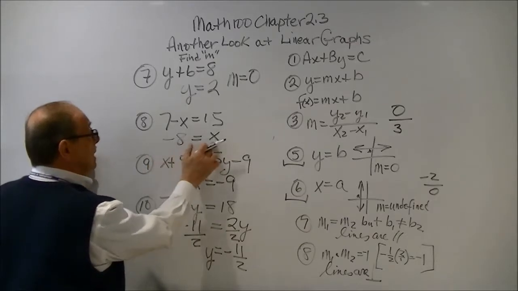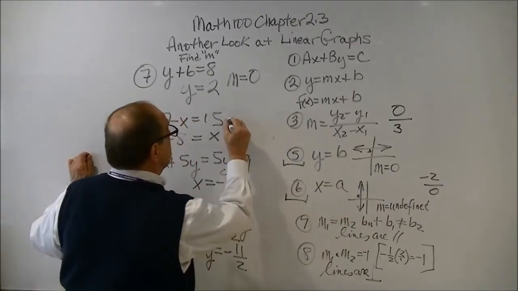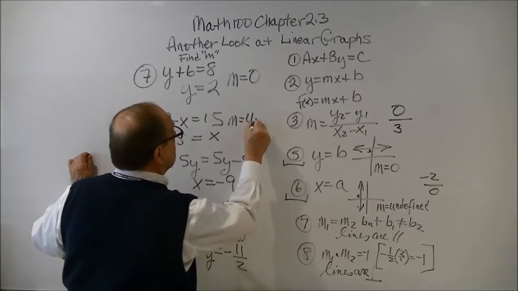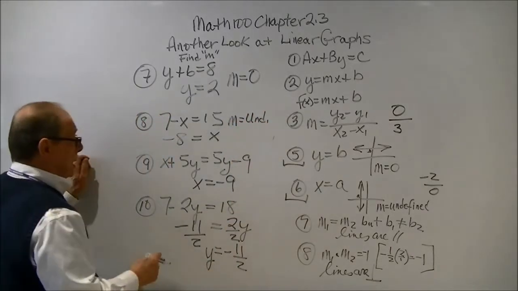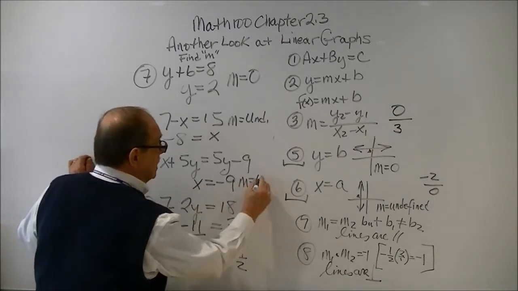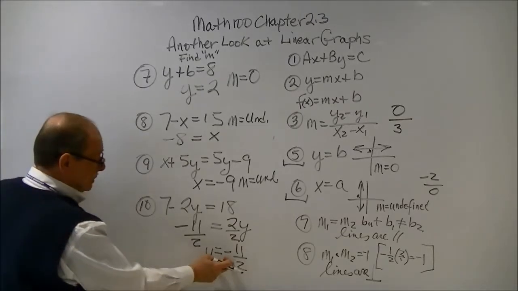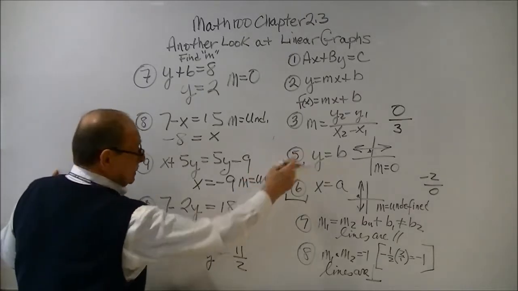Here x equals -8. That's this equation. The slope is undefined. Here x equals something. The slope is undefined. And this is y equals something. The slope is 0.